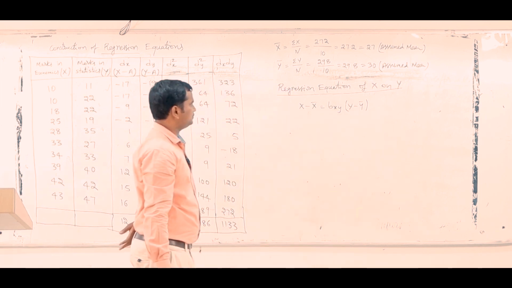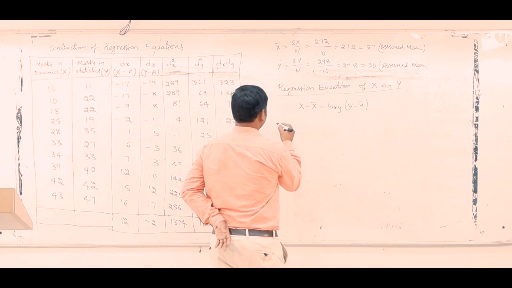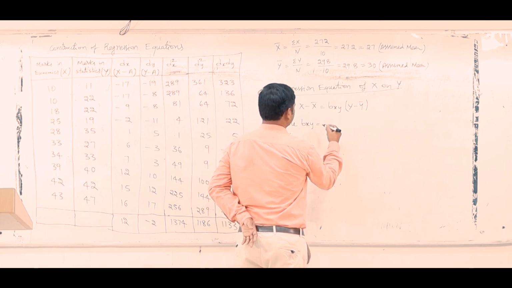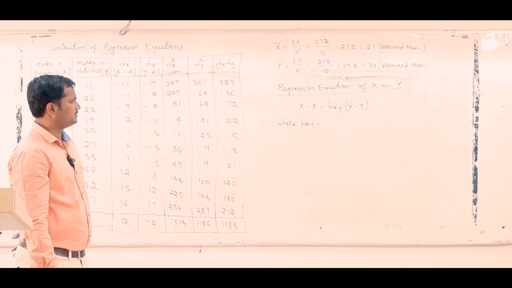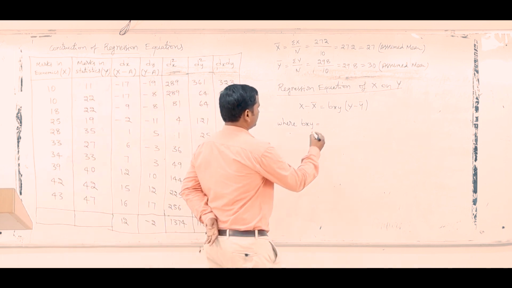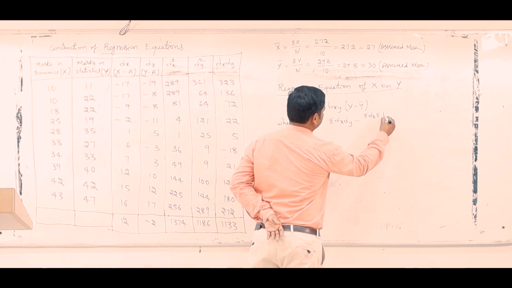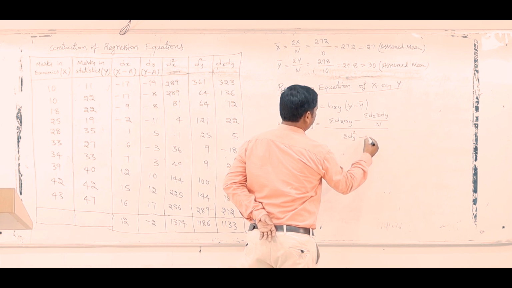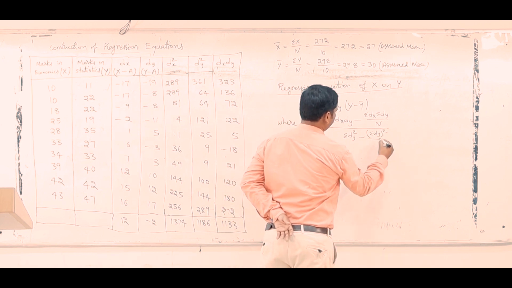Here bxy is called the regression coefficient, which we should find out separately. The formula will be summation dx dy minus summation dx summation dy divided by n, whole divided by summation dy square minus summation dy whole square by n.